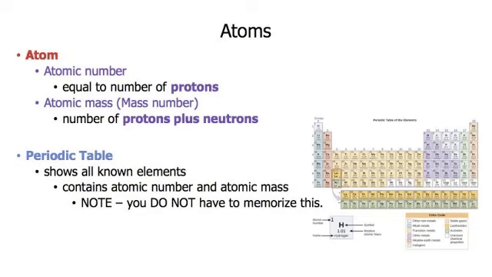Therefore, an atom's atomic mass number is just the sum of the number of protons and neutrons in its nucleus. So for helium, the atomic mass number is 4. There's 2 protons and 2 neutrons. Both the atomic number and the atomic mass number can be read from the periodic table. And we see the periodic table in the lower right corner of this slide.